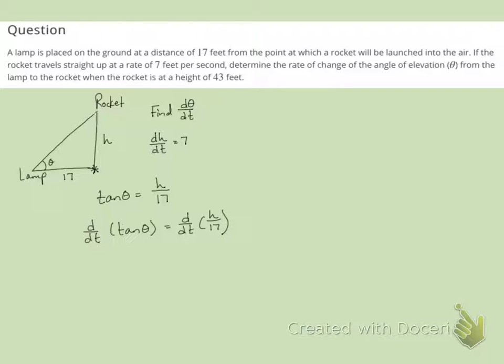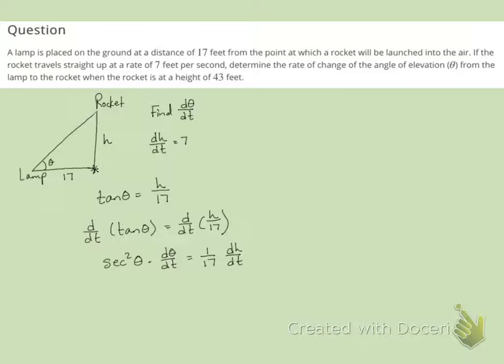So the derivative of tangent is secant squared. And then the derivative of the inside is d theta dt. And then on the right side, this 1 over 17, that's a constant that can come out in front. And then we're taking the derivative of h with respect to time.